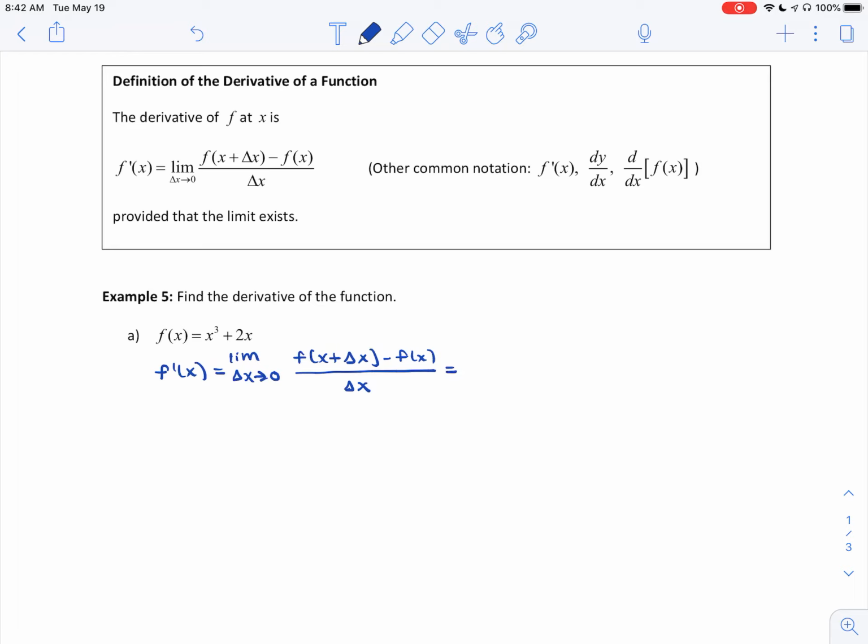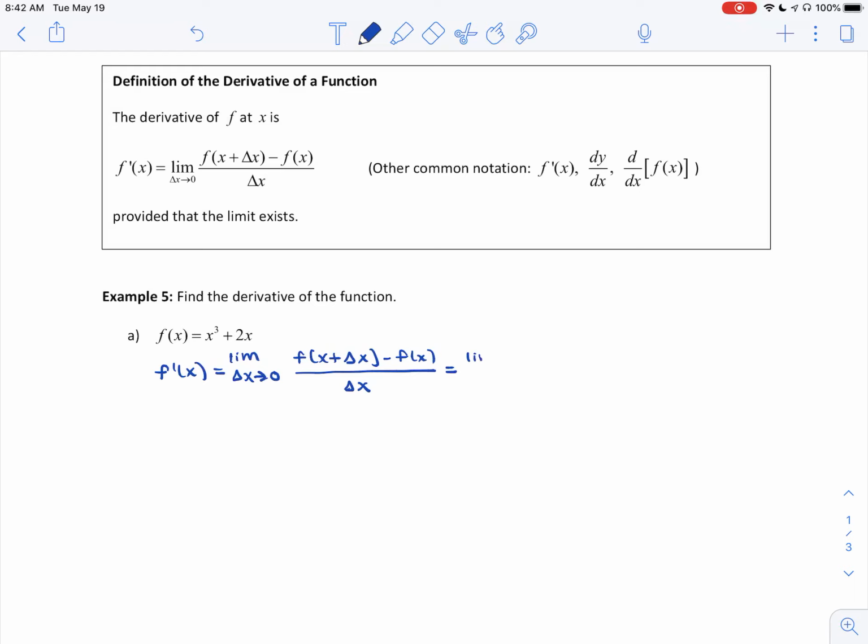Now, we're going to plug this into our particular function. To start with, I'm going to plug the x plus delta x into our function. Oops, sorry, I forgot my limit here.